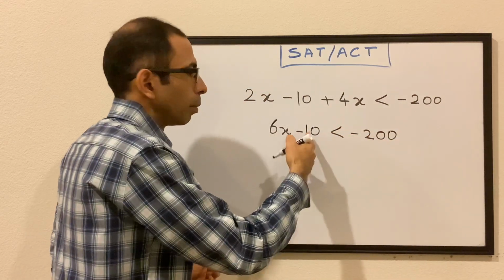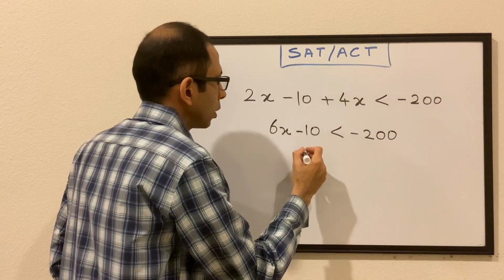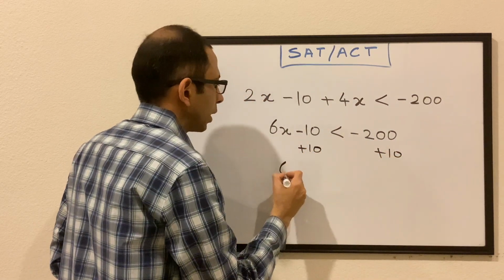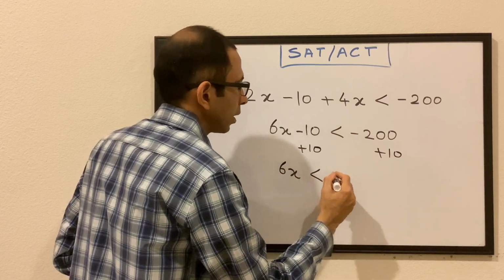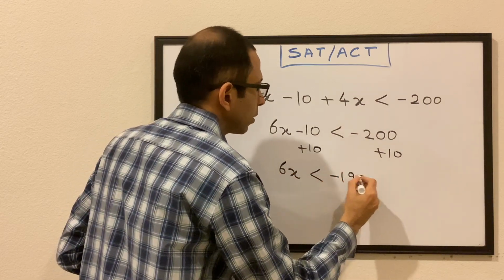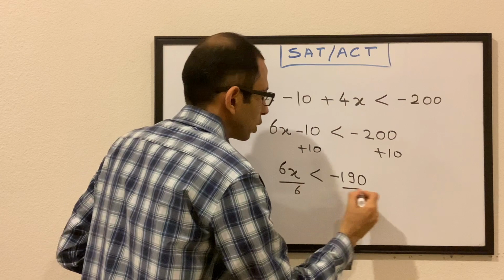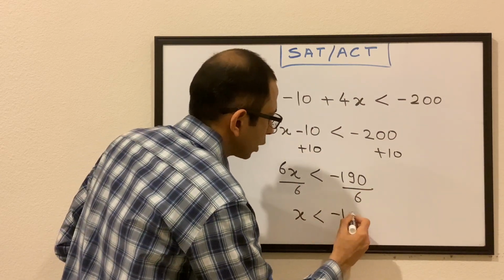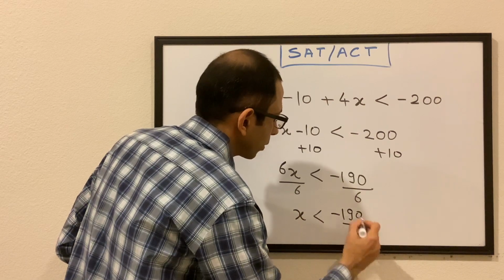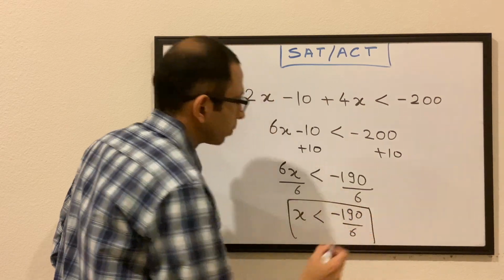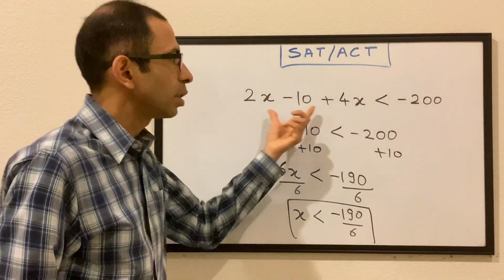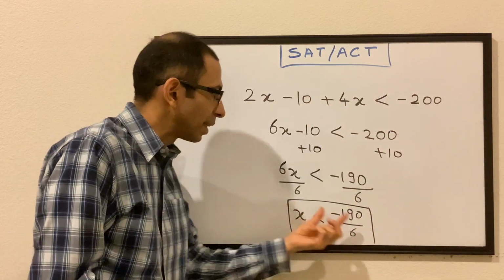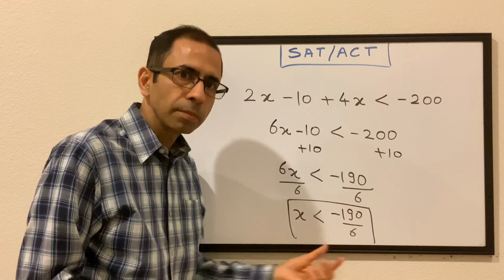We'll bring this minus 10 to the other side, so we'll do plus 10 here, plus 10 here. We get 6x is less than minus 190. And then we divide by 6 on both sides, and we get x is less than minus 190 over 6. So basically, the solution set of this inequality is all values of x which are less than minus 190 over 6, correct?